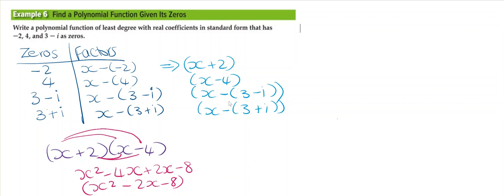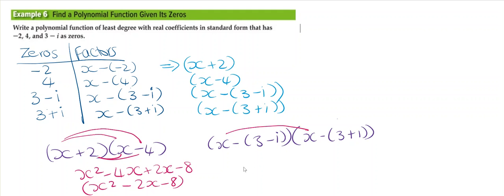And now we need to look at these terms here. So we have x minus 3 minus i multiplied by x minus 3 plus i. So using FOIL, x multiplied by x is x squared, and then x multiplied by this term here, and we've got a minus, so we're going to write minus x, and then 3 plus i.